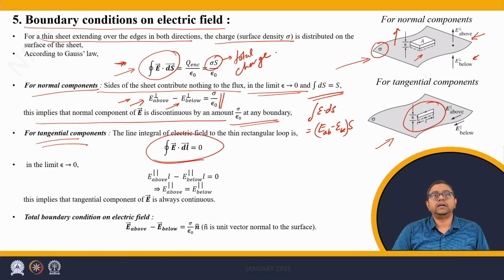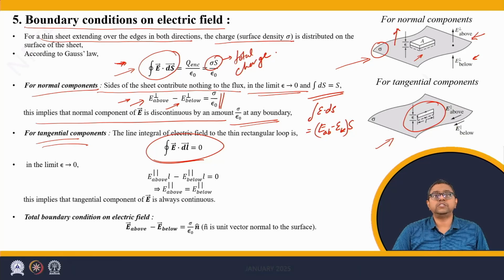If we consider the integral E dot dl across this entire loop of the rectangle, it goes to 0 because this loop has the arms in space above and below the thin sheet where the charges do not exist. Remember that the charges are only located on the surface of the thin sheet.